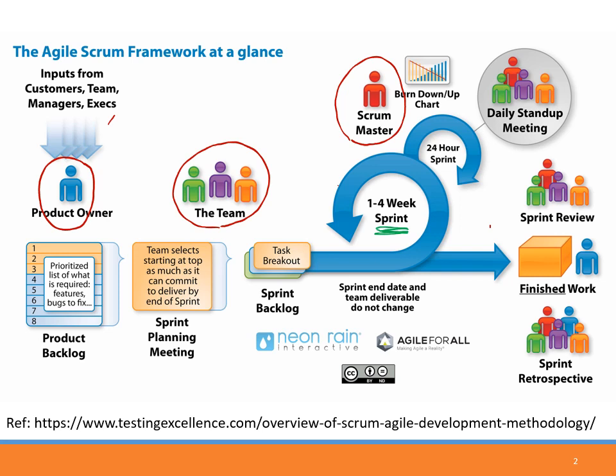That means every iteration is a fixed duration of time. So if you consider that each iteration would be 2 weeks, then we fix that. Every 2 weeks, we will finish something. Then we start another iteration for another 2 weeks and so on. And in Scrum, each time-boxed iteration, we call it a sprint.